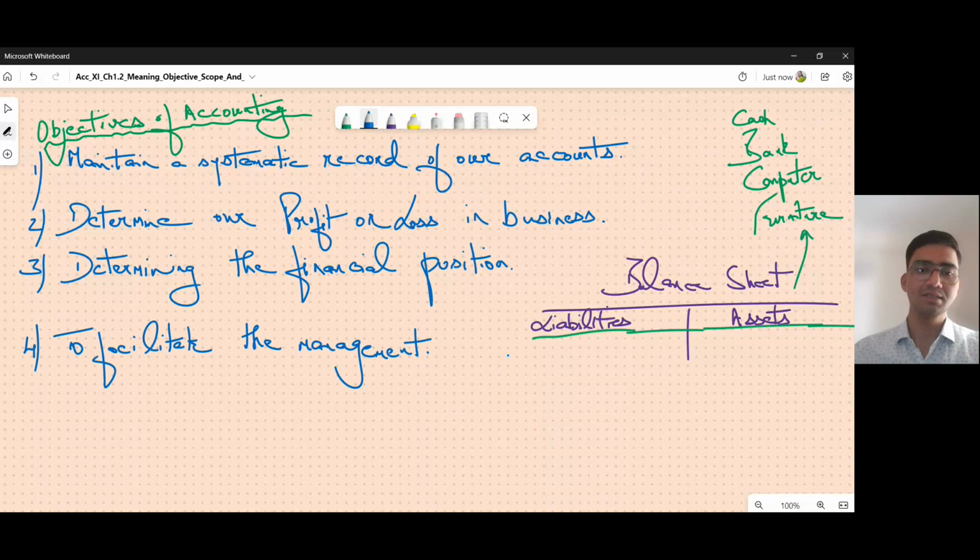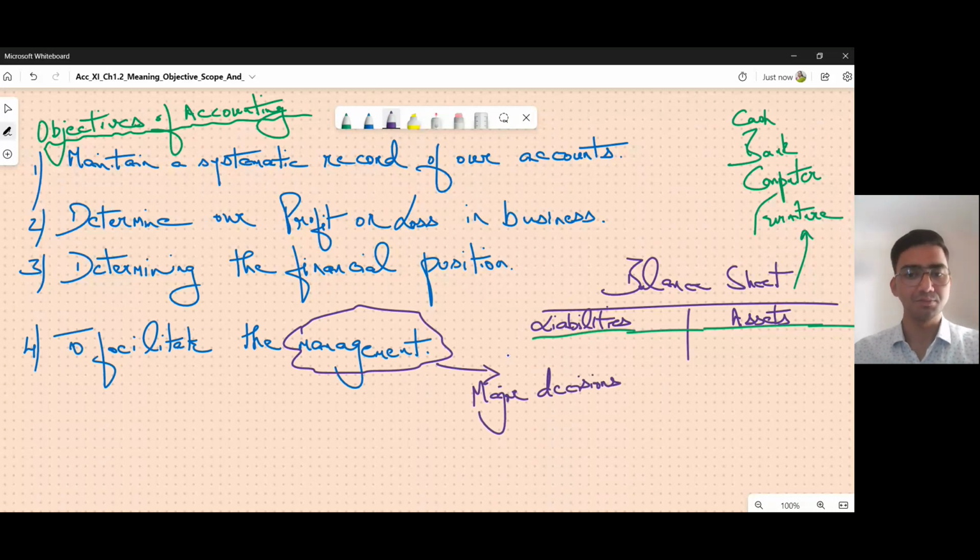So the management is the part in the organization which is going to take all the major decisions. All the major decisions are taken by the management. So they need to know and they need to be helped out, and accounting is what helps them in taking these decisions.